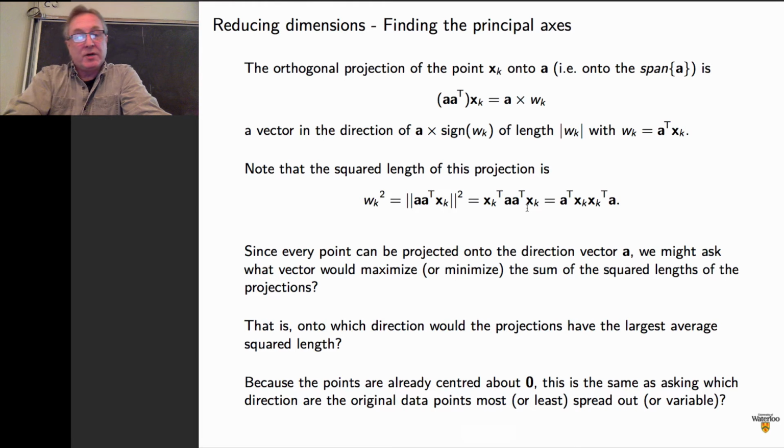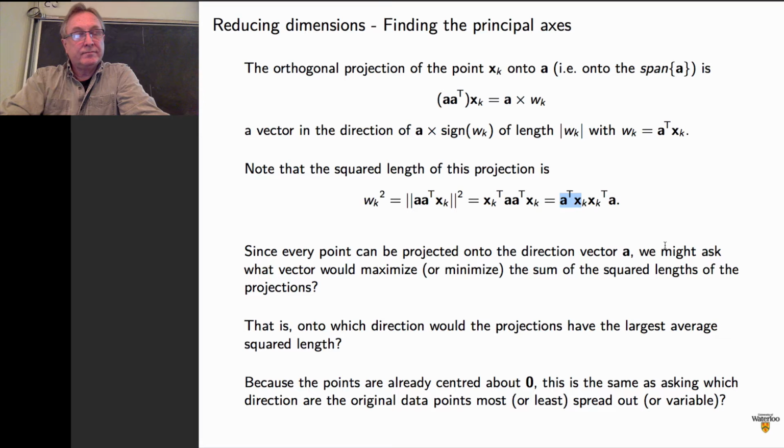The simple trick is that this is a scalar, right? It's a row vector times a column vector. So I could take the transpose of it, no problem. And similarly this, I haven't changed anything. So this is equivalent to these two scalars.